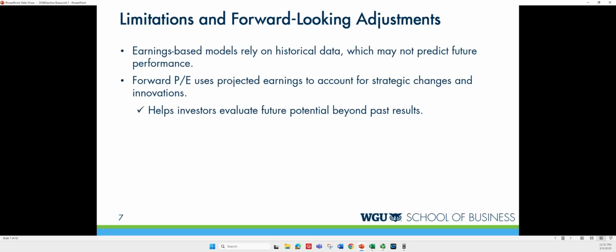Now, there are some limitations to these ratios, but also some adjustments we can make. So these earnings-based models look at historical data, and they may not be good indicators of future performance. An example I'd like you to consider is when we first hit the COVID lockdown. Analysts were using data based on normal economic conditions, normal economic activity.